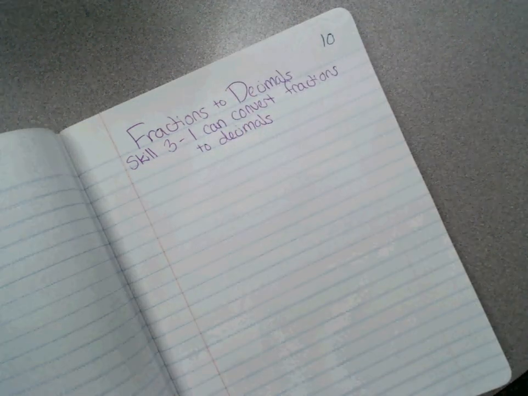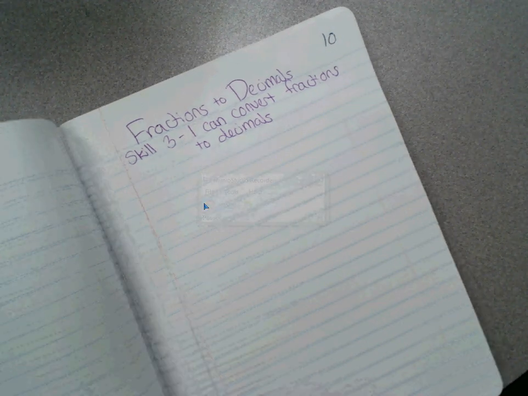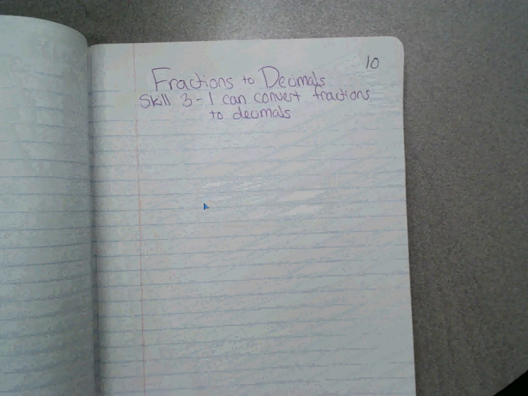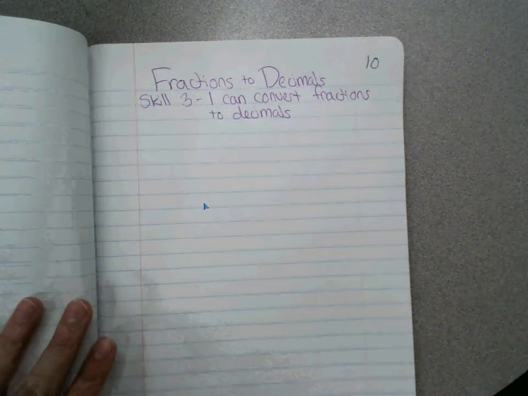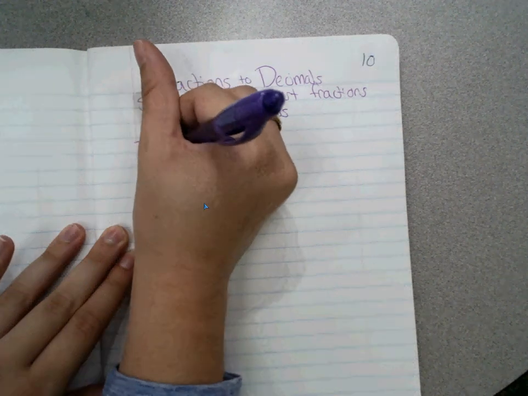So I just want to get us some vocab first. When we convert fractions and decimals, there'll be two types of decimals, and it's important to know the difference between the two. So the first word I want us to define is terminating decimal.